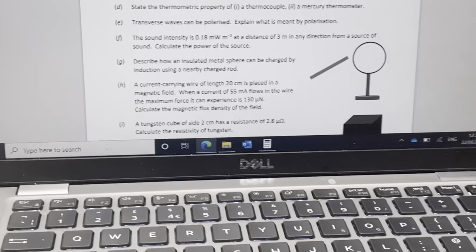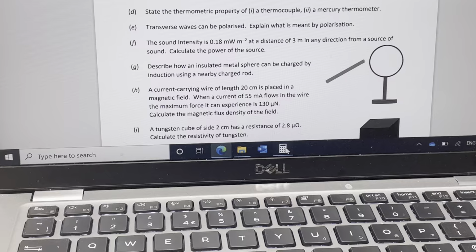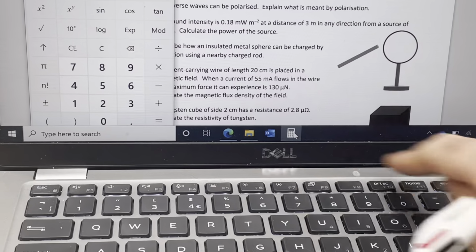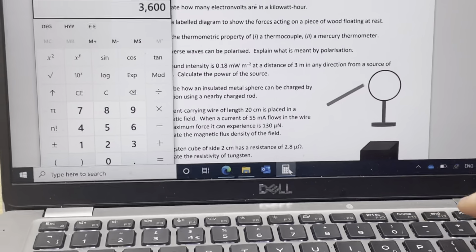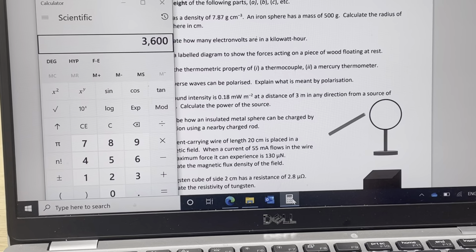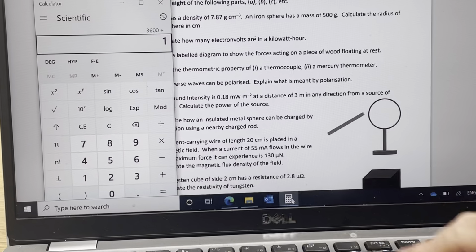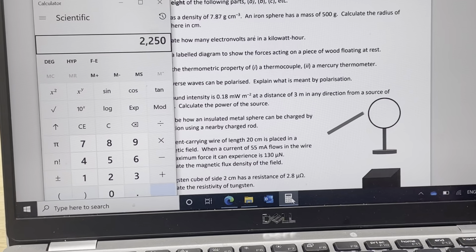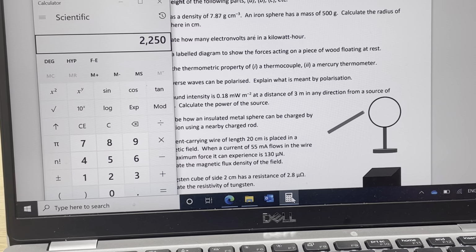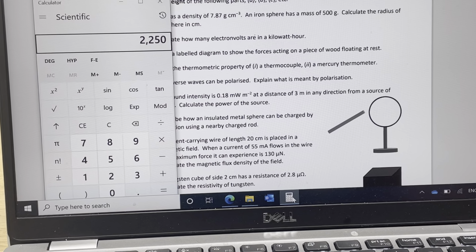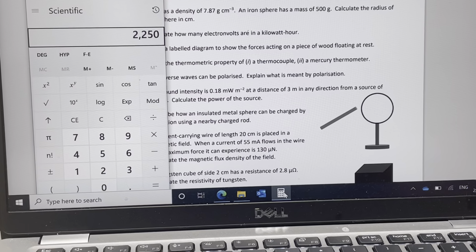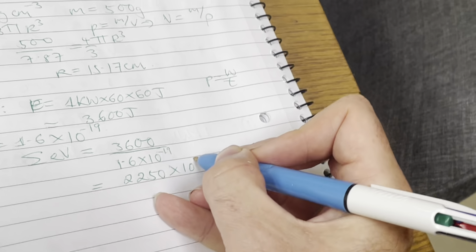Okay, so let's see on our calculator. 3,600 divided by 1.6 is 2,250 by 10 to the power of plus 19.